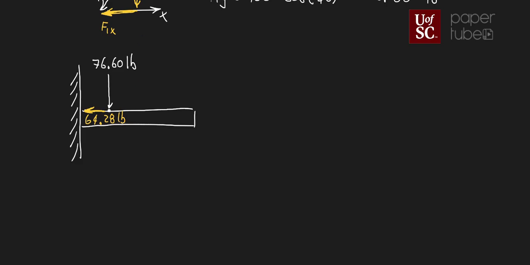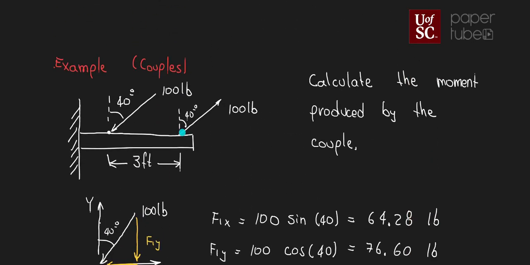Now I have two more forces, the other two forces that replace the force here on the right hand side. I'm also gonna put the components. I don't have to redo my calculations because I know that the magnitudes are the same as we calculated before. The direction is gonna be opposite.